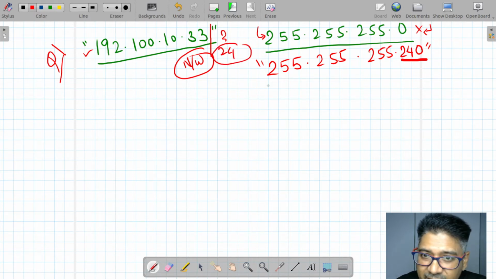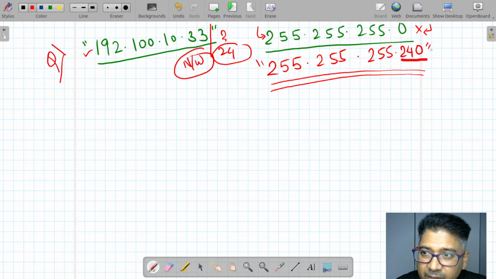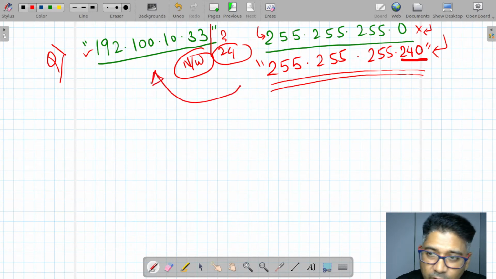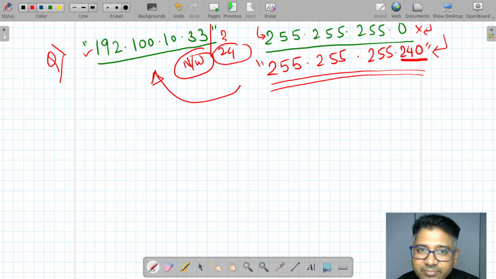But they are asking you to do the subnetting. And if your subnetting is not a default network, then what will be the network IP? The question is asking this.